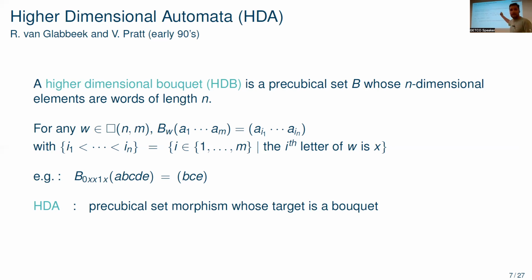And a bouquet is not such a precubical set. Therefore, if you want to realize a higher dimensional automaton as a local order, you have to realize a morphism of precubical sets whose target is not a priori representable. Actually, it is, but it's more complicated to prove.